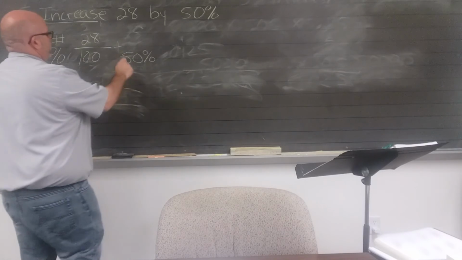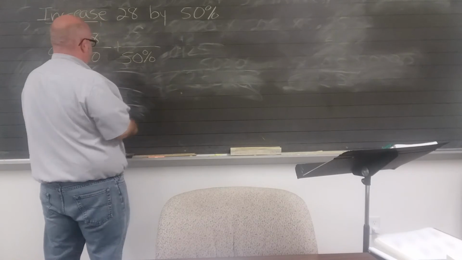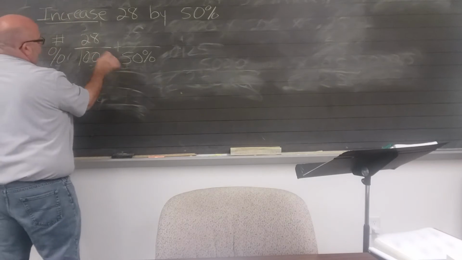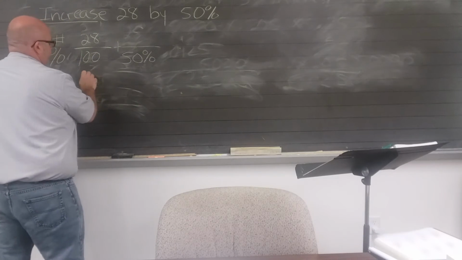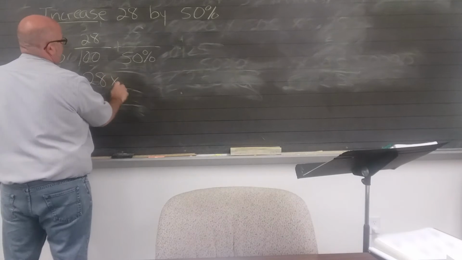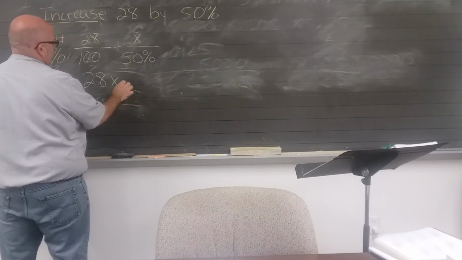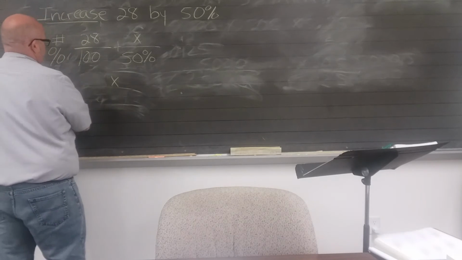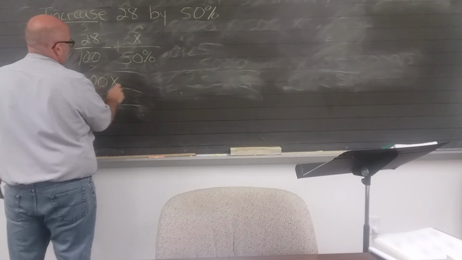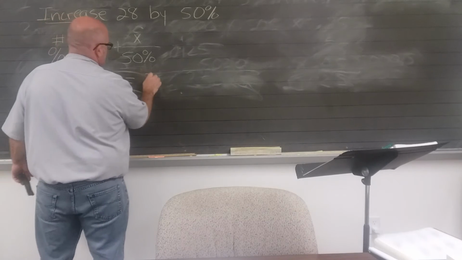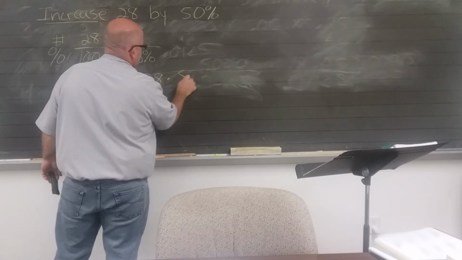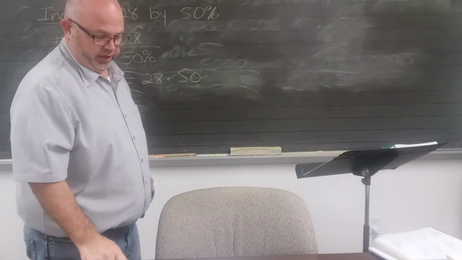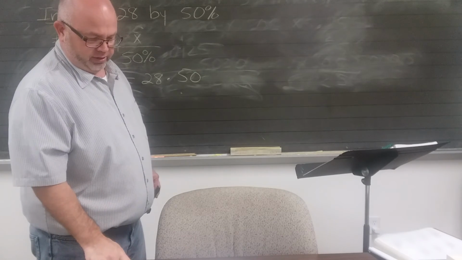All right? So now you can find this number here by using proportions. So you have 100x equals 28 times 50. What's 28 times 50?